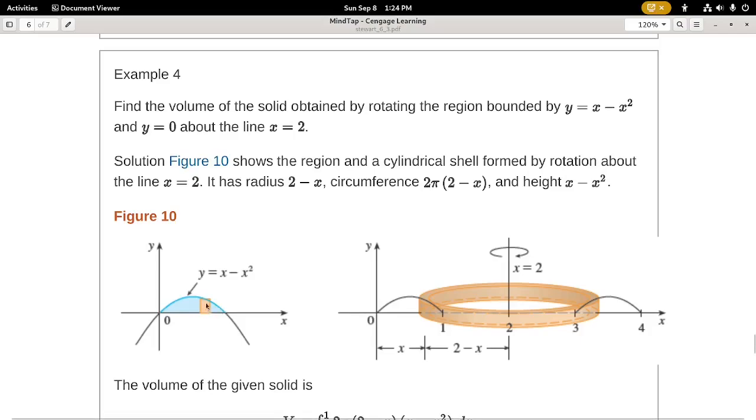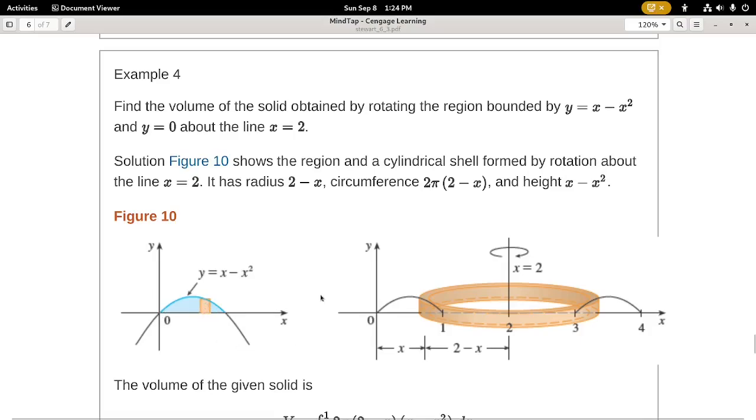how do we do this? So my axis of rotation is vertical. So I create my cross section parallel to the axis, which means my cross sections are also vertical. I'm at an arbitrary x value, so I cut things up vertically. I'm at an arbitrary x value between 0 and 1.